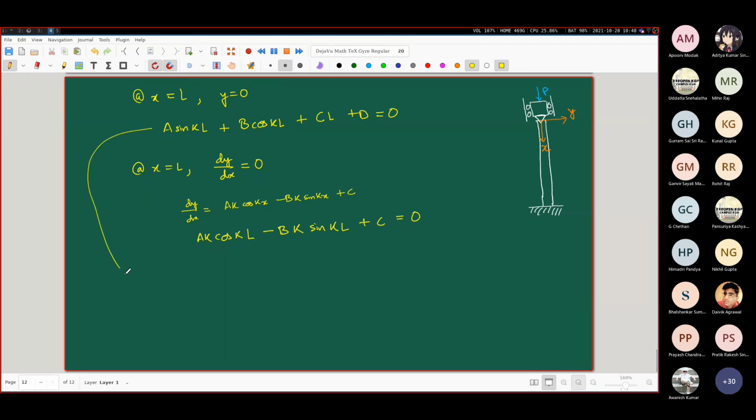So from here, let's just see. We obtain a sine kl. What is left? B is going away, D is going away, plus CL equal to 0. And then from this one, what we have?